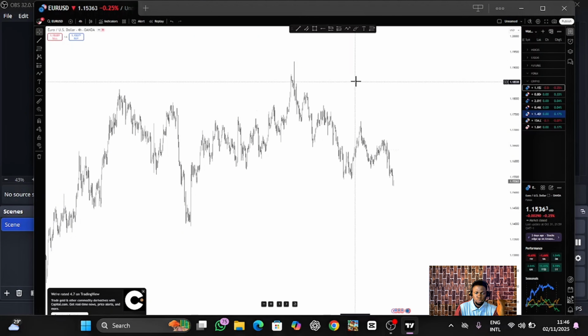You can also connect this resistance trend line. Okay, yeah, this is it. So hopefully what I'm looking at this week is a retest of this candle to this line here which I drew.